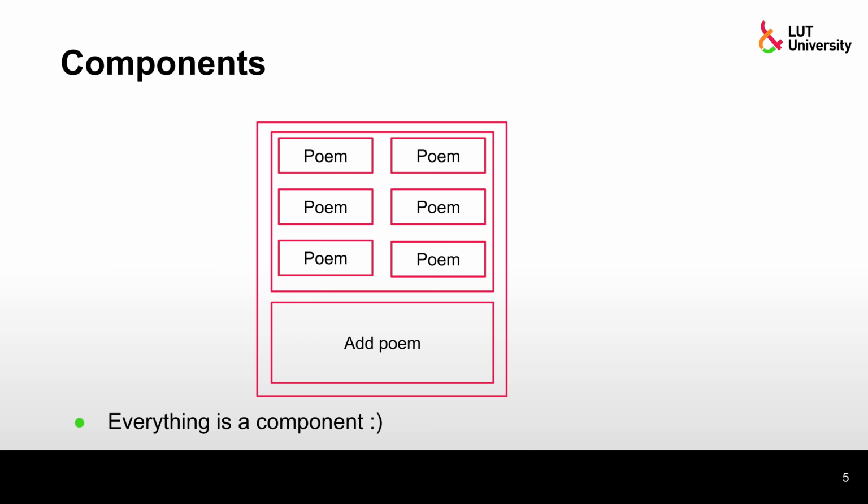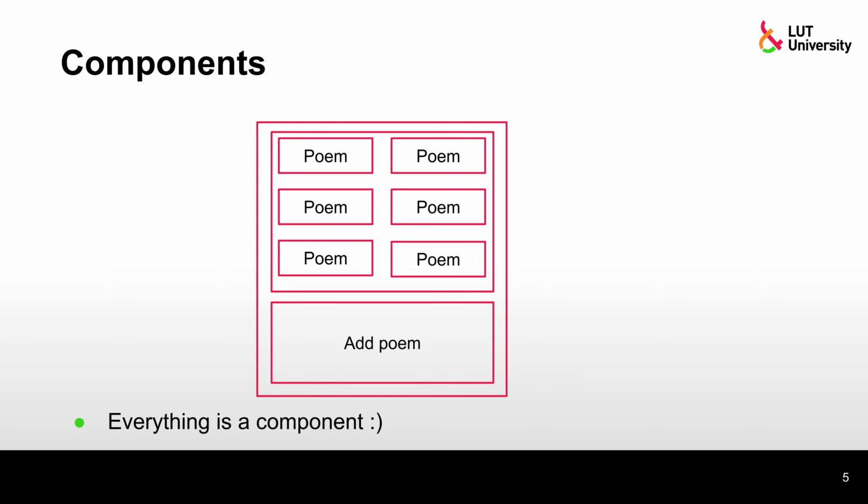So everything is a component, but React doesn't force you to always use components. You can have for loops instead of components, but usually you want to simplify your code by building small components as you have the possibility.